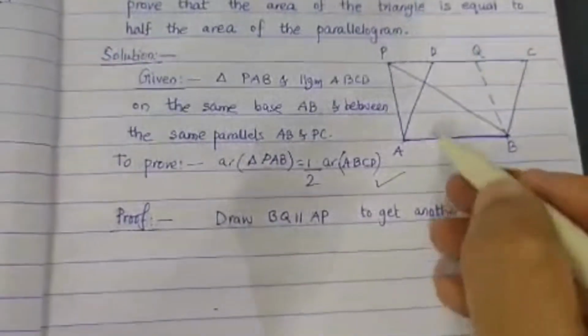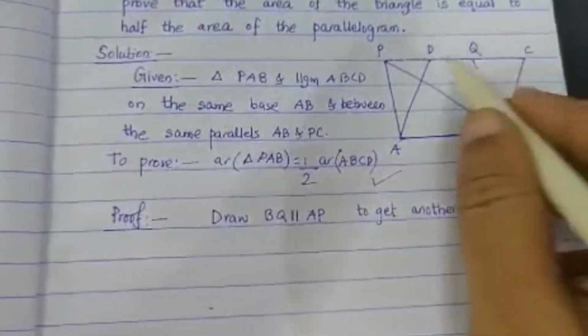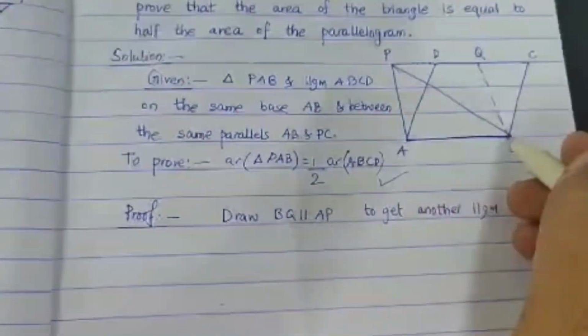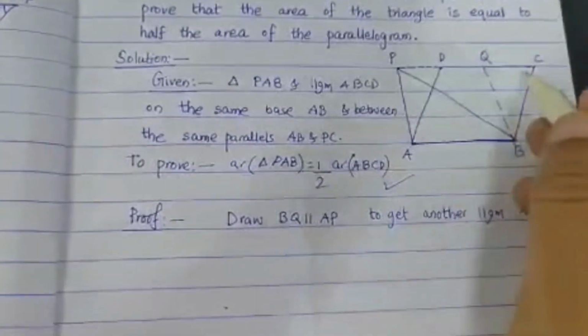Okay. Now this parallelogram ABCD and ABQP lie on the same base AB and between the same parallels AB and PC.